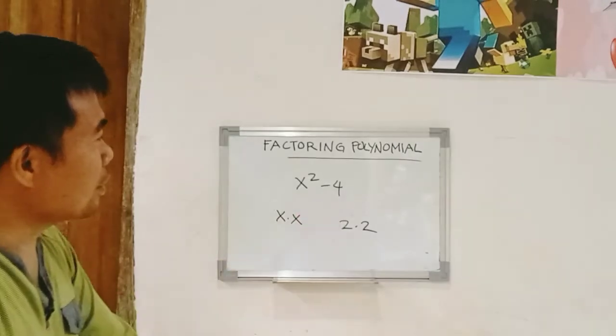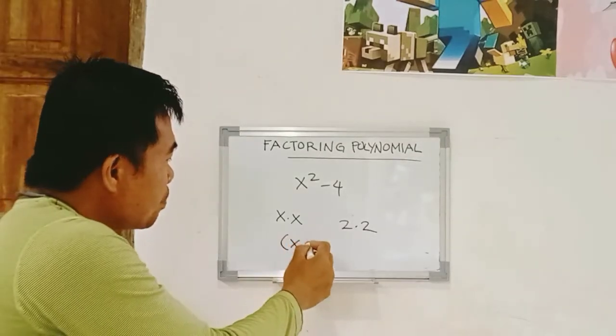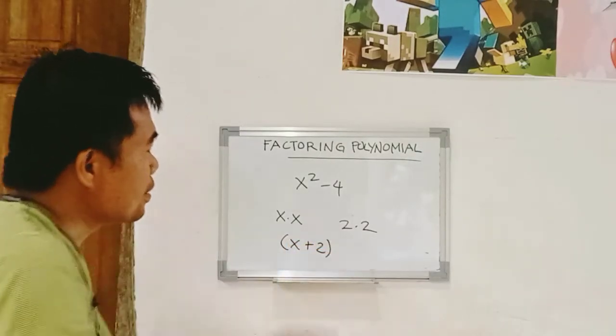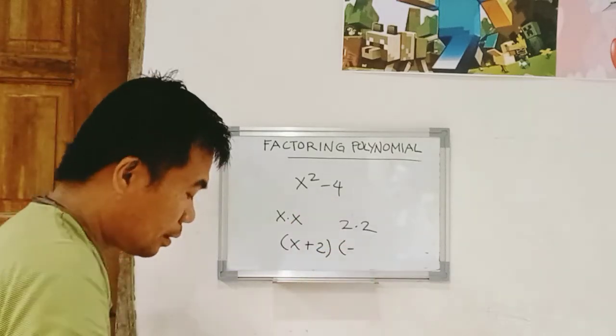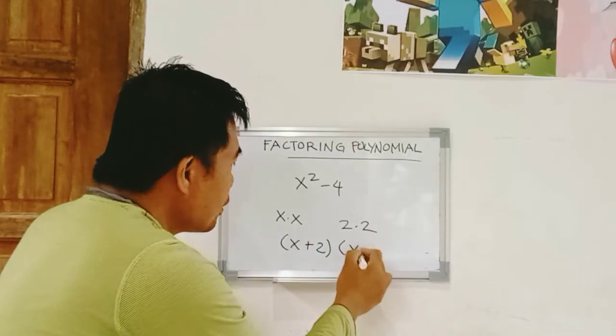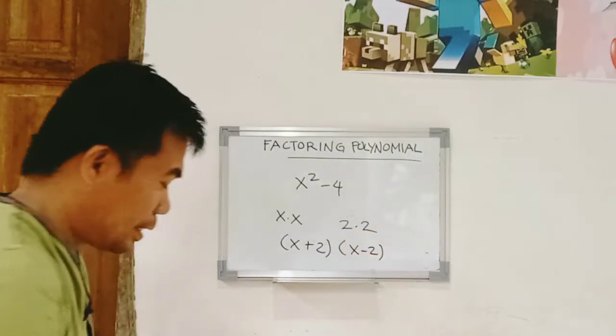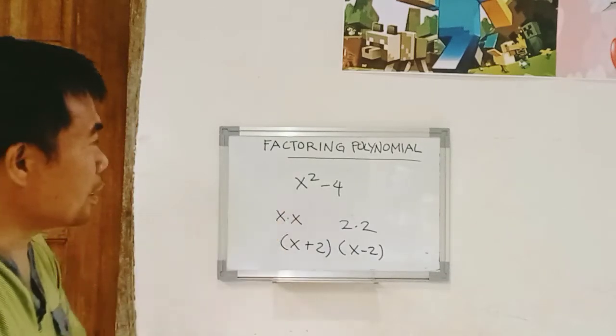So therefore, the factors for x squared minus 4 are x plus 2, and since this is negative, the other factor is x minus 2. So this is the factored form for this polynomial.